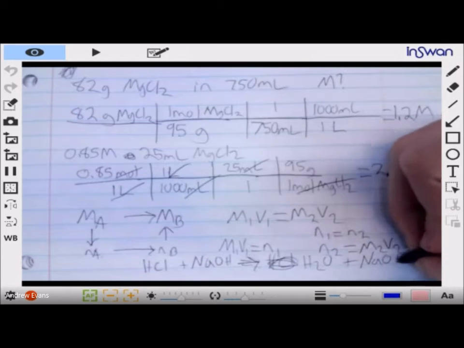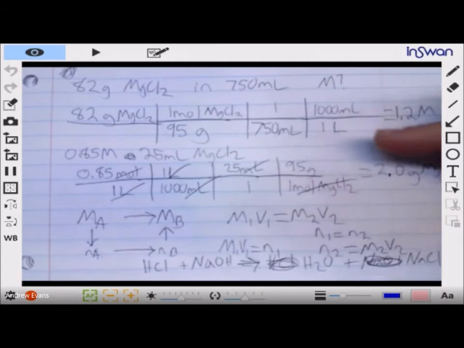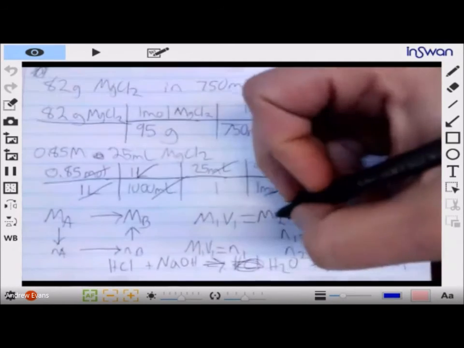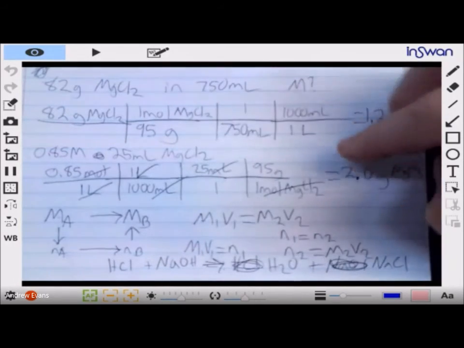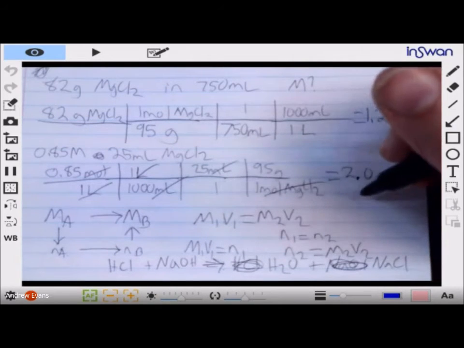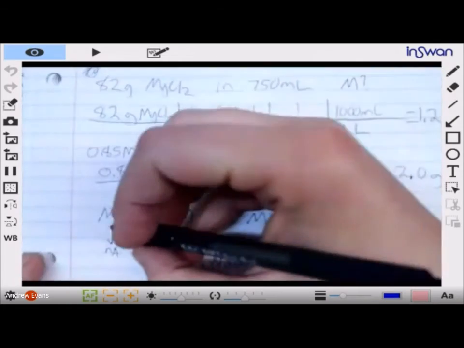But you'll always be given 3 out of these 4 variables. This can be used to calculate a dilution. This could be used to calculate a molarity of a second compound. So we'll go ahead and do that real quick.